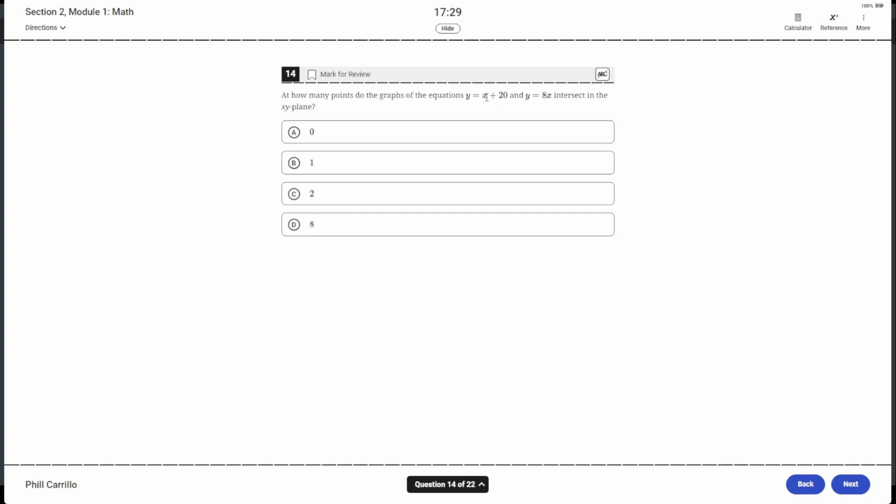This has a slope of 8, this is a slope of 1, and they have different y-intercepts. 20 and 0 means they will intersect, but only once. I mean, think about it. Two lines, and it's either between A or B. Neither of these two are quadratics. They're both linear, so you could rule out half. Anyways, moving on.